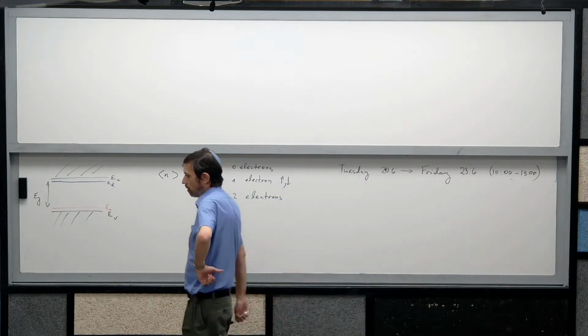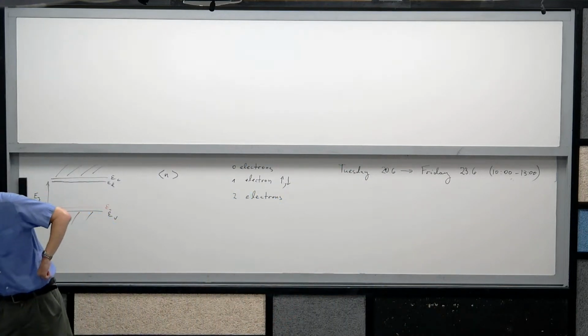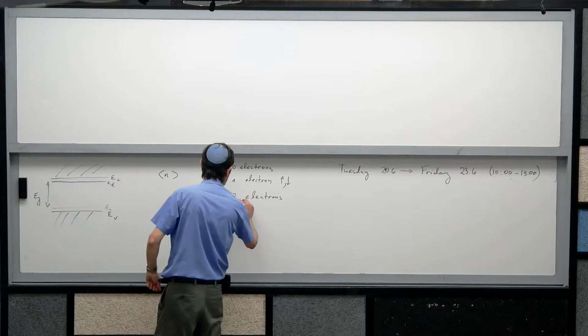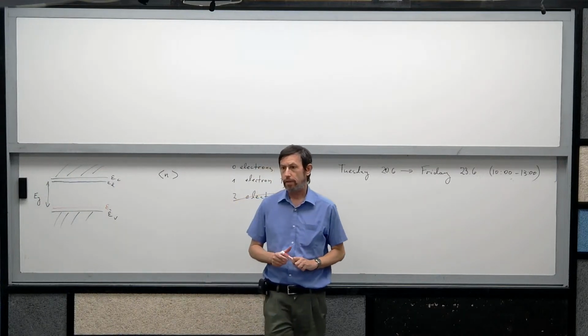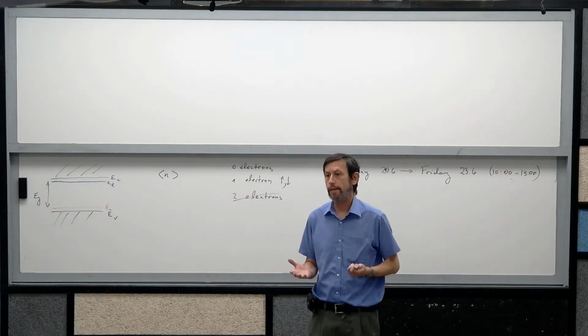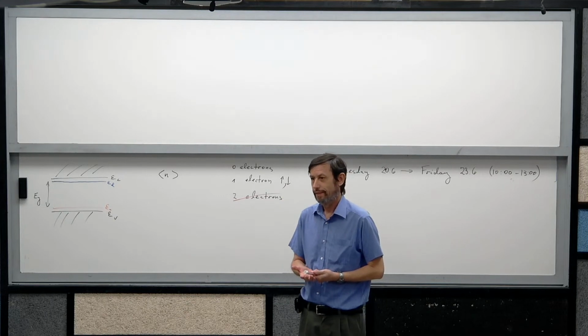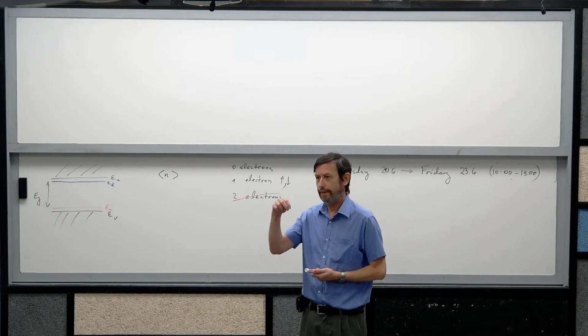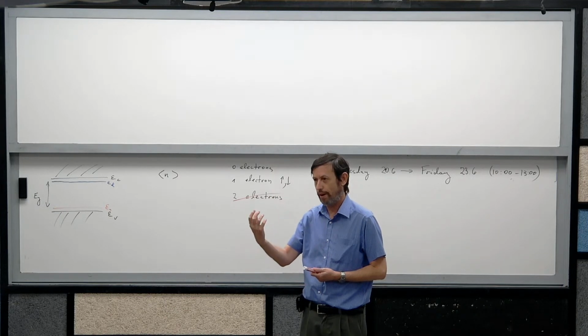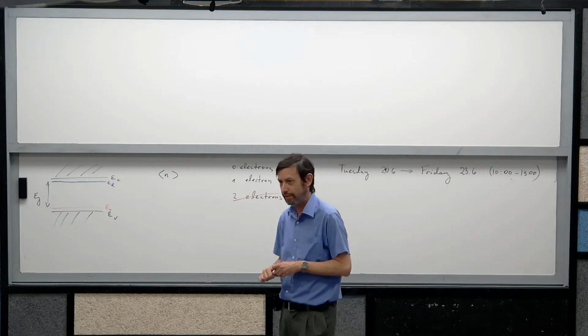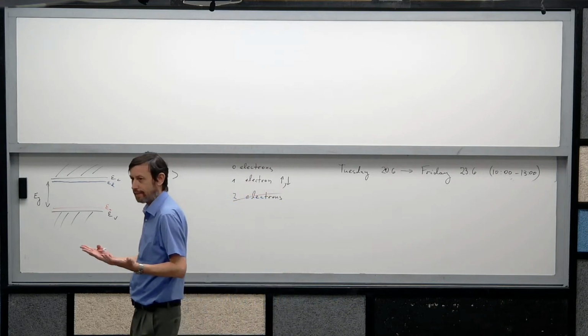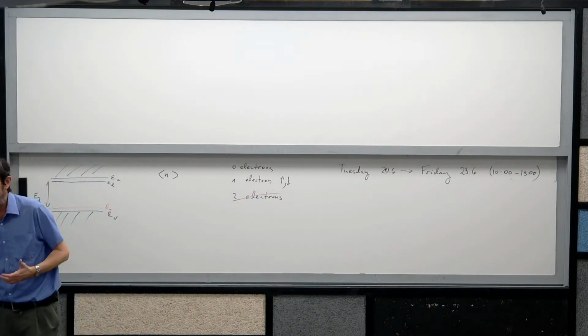Okay. We'll forget about this state for the simple reason that it costs a lot of energy to push two negative electrons into a region where you have only one positive nucleus charge.